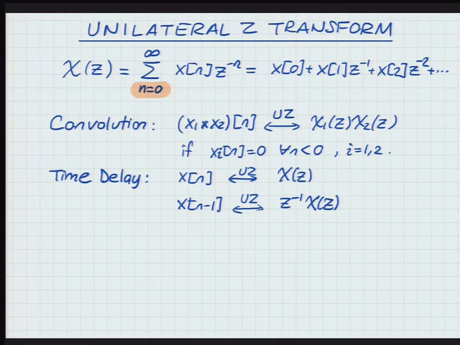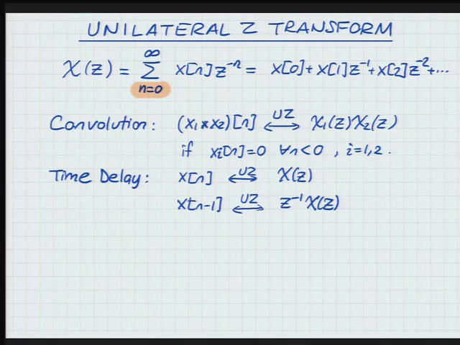The difference is this. So if I take my signal, shift it to the right, x of -1, which was ignored before by the unilateral Z transform, is now at time equal to 0. So all of a sudden it appears and has to be accounted for in the unilateral transform.